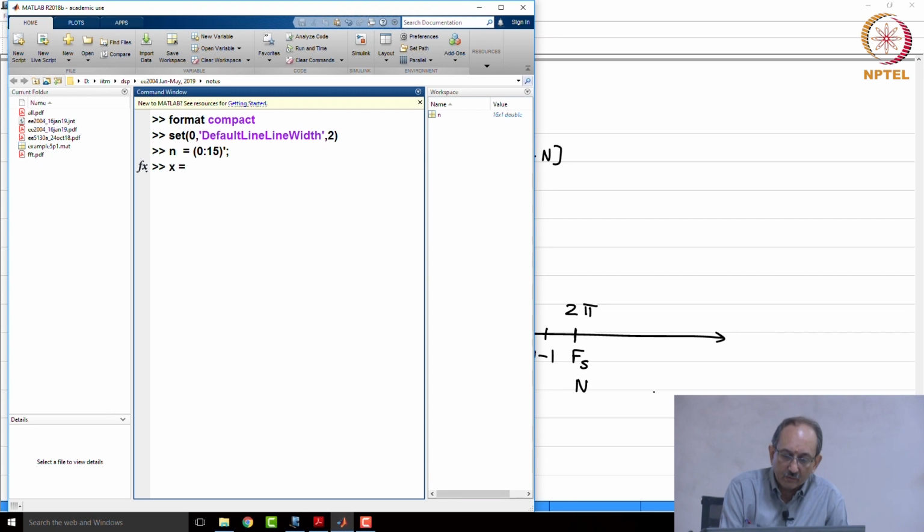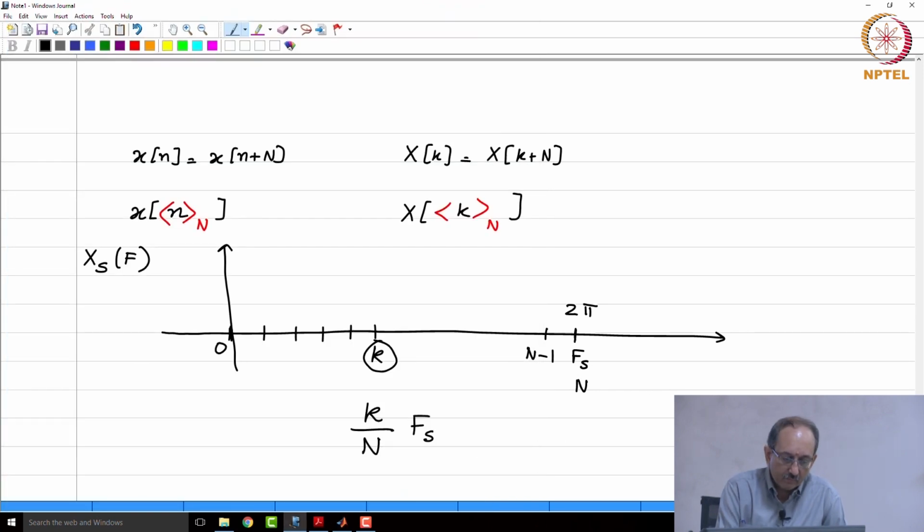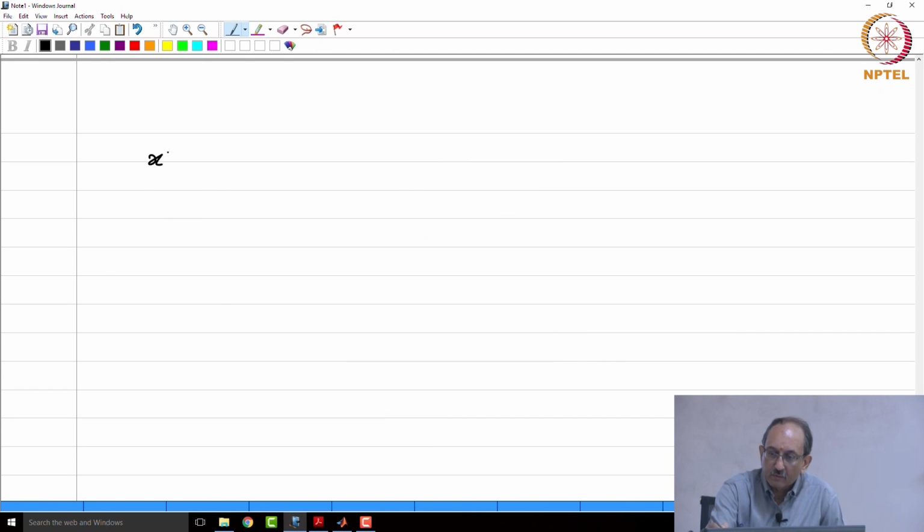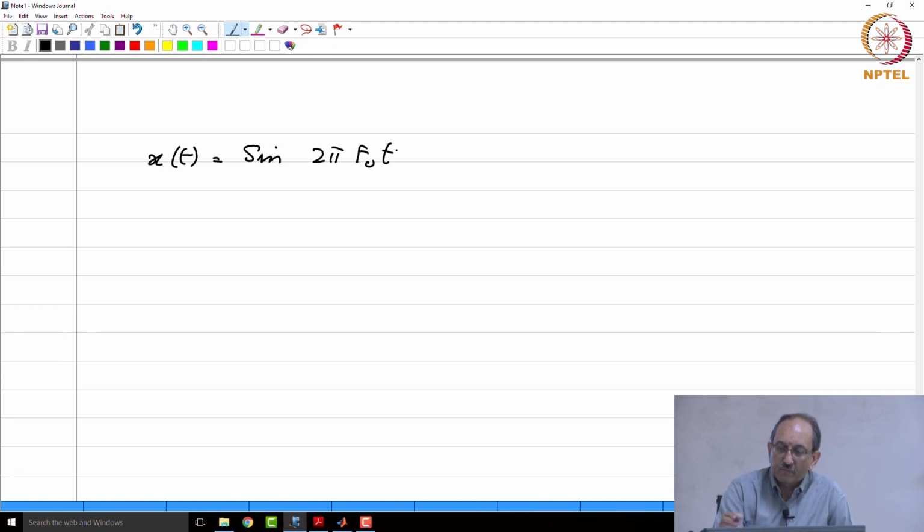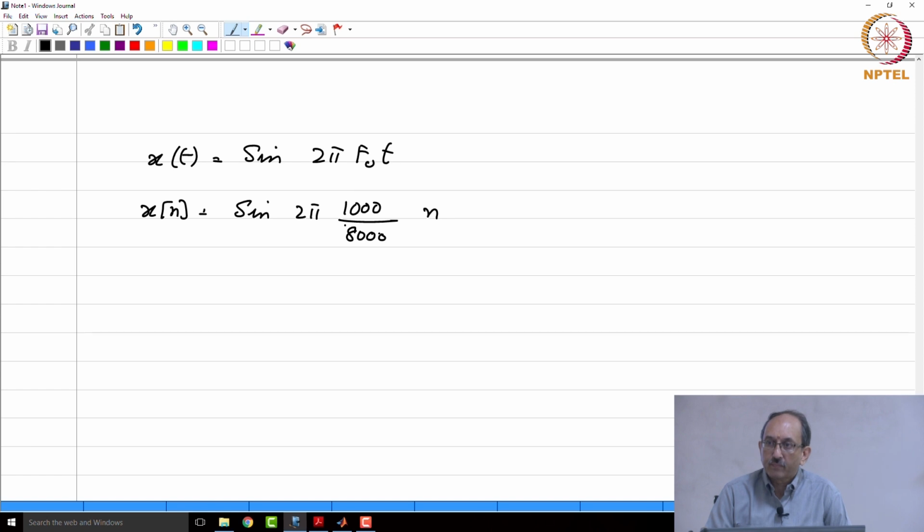So I have x of t, which is sine 2 pi f naught t, and I want to form x of n, which is sine 2 pi f naught. I am going to take it as 1000 hertz, and I am going to sample it at 8 kilohertz. So I am going to replace little t by nT. T is 1 over Fs, and this is what I have.